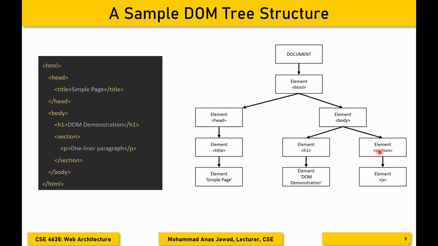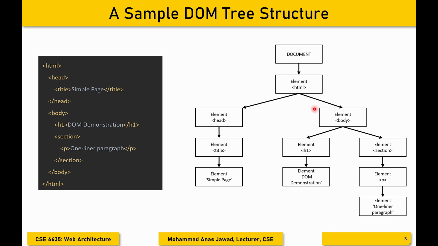Next, we have the section element, and since the section element contains another element called the p or the paragraph, that element has also been created here. And finally, since the content of the p element is one-liner paragraph, that text is also going to be regarded as a node in the DOM tree, and so it will get its own node as well.